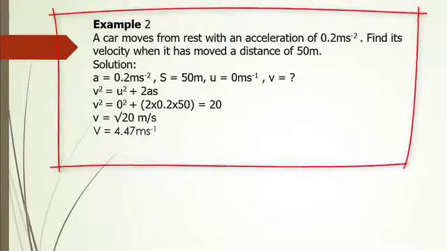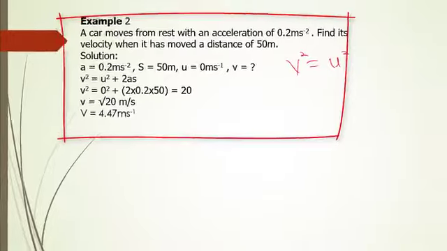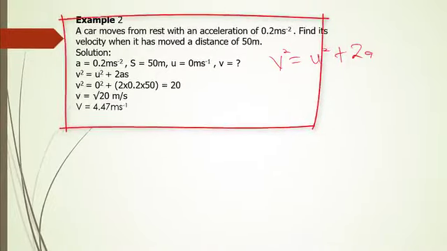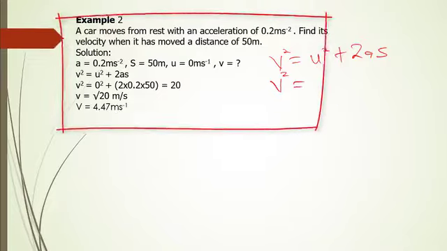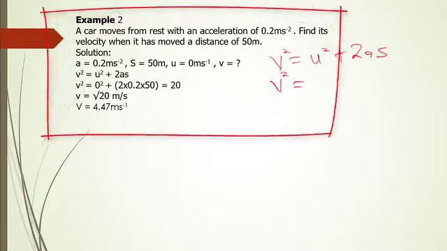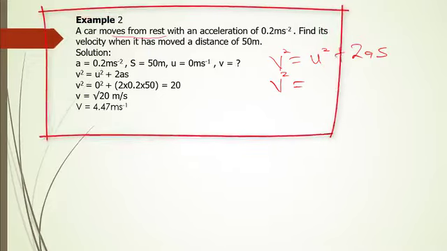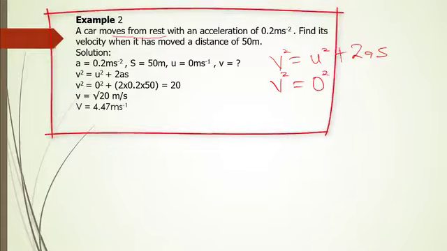So the most appropriate equation to use is the last equation of motion, which is v squared equal to u squared plus 2as. Now remember from the question that we are to find the final velocity, and the equation says u squared. U is the initial velocity, but the question says the car moved from rest. So the initial velocity of the car was 0 since the car was starting from rest.